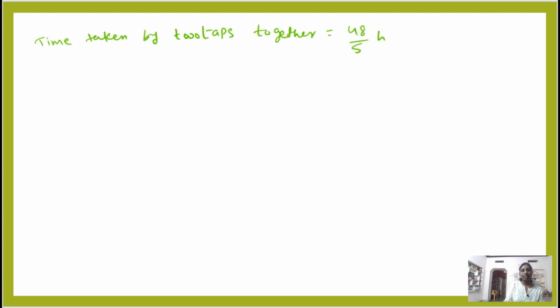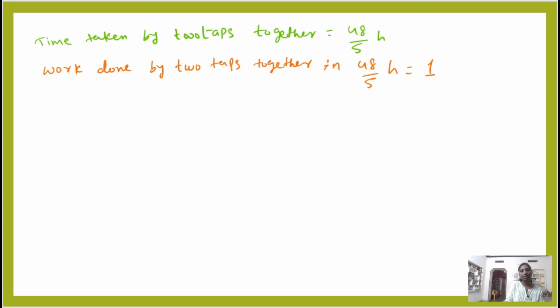Now this can be written as work done by two taps together in 48 by 5 hours is equal to 1.